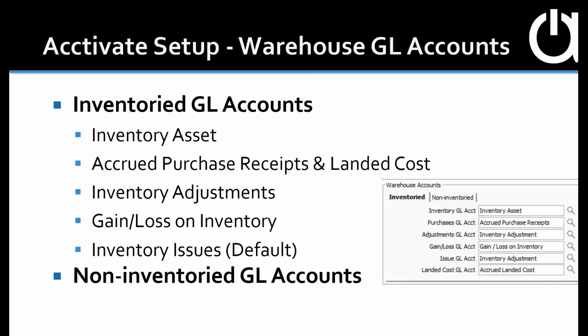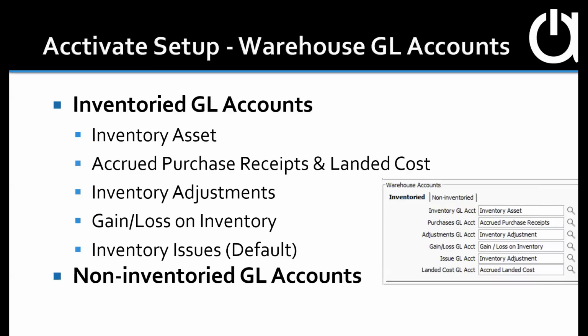With Acctivate, it carries its own cost per warehouse, because if I have to ship something from California to Florida and I'm doing landed cost, the cost to actually have that item ready for sale is much higher in Florida because I've had to ship it across the country.